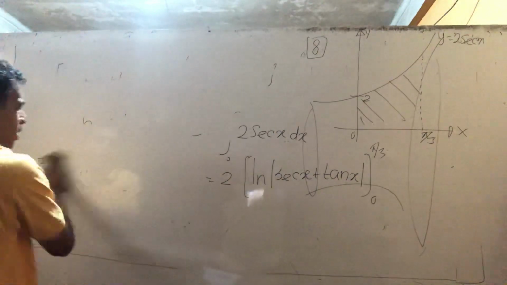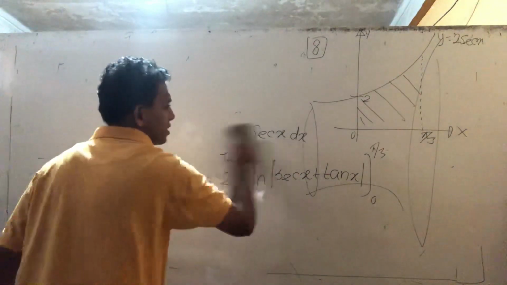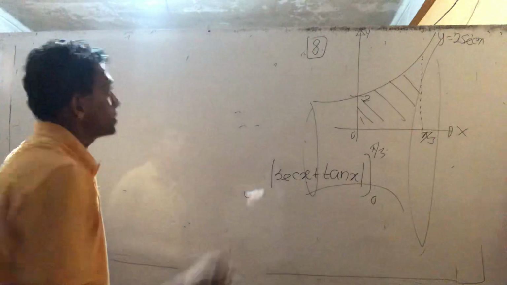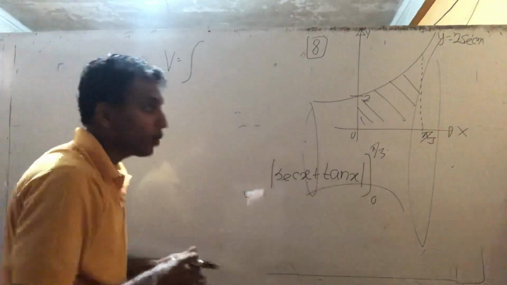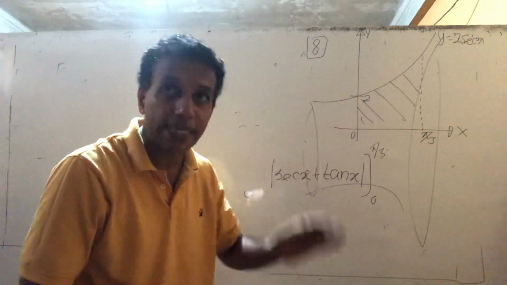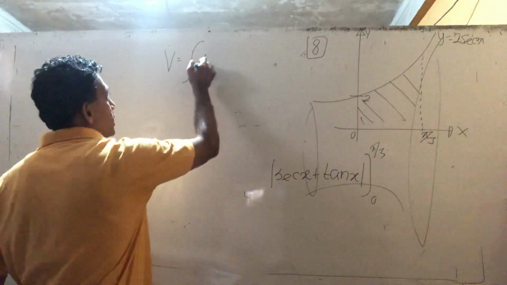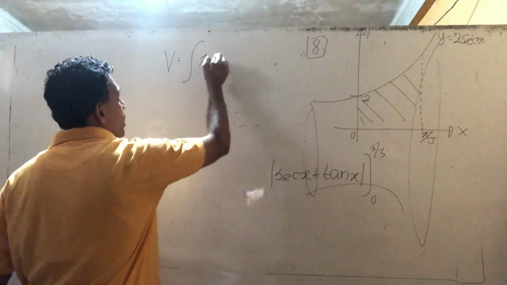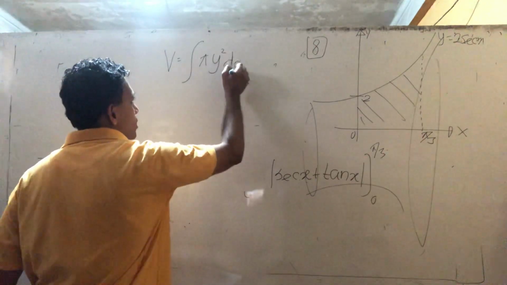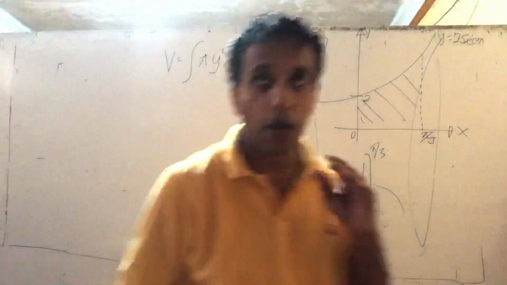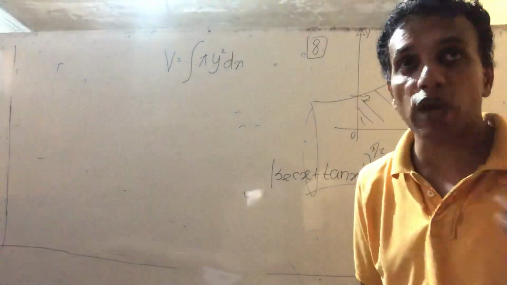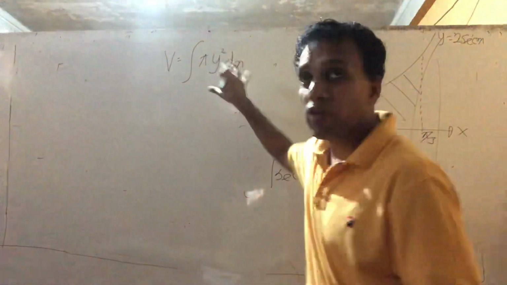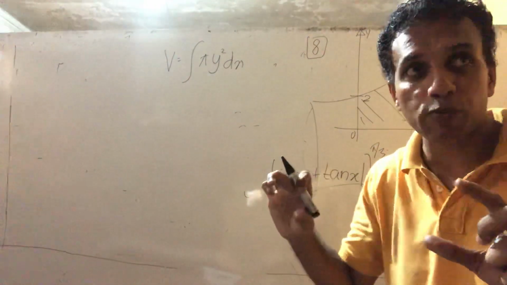That is a new part, no area needed. The general formula about the x-axis is integral of pi y squared dx. Here y is the function, the graph or any equation provided.